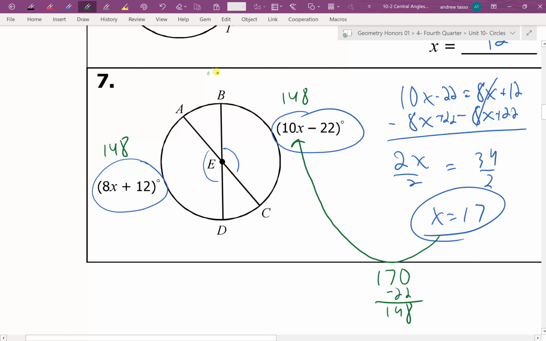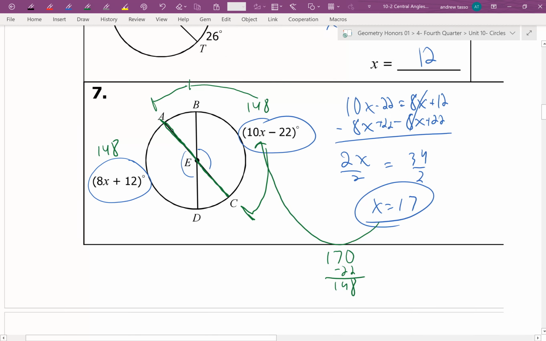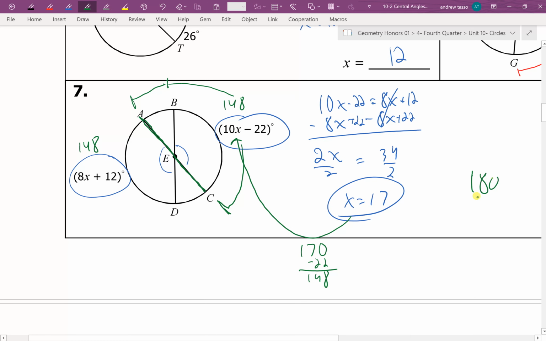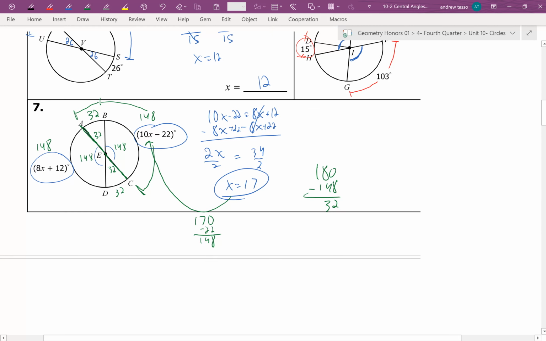And then the neighboring arcs together have to form 180 degrees, since they are located on a diameter, right? So 180 degrees, subtract the 148 we already have, that gives you 32 degrees for these smaller arcs. And also the smaller angles would be 32, right? 148 for these guys.